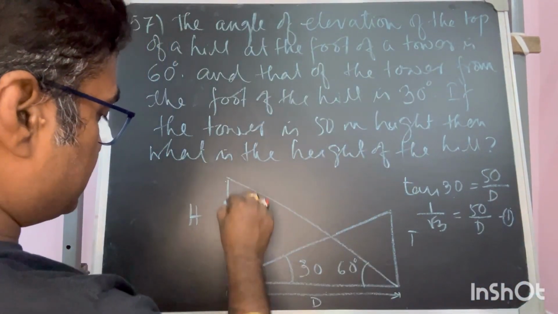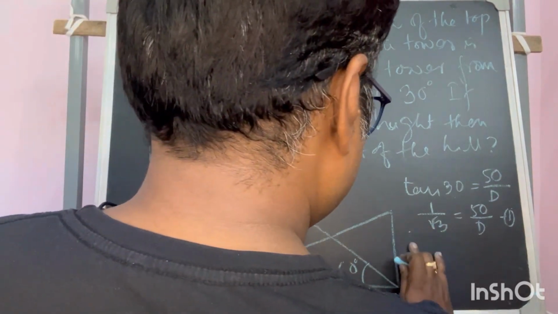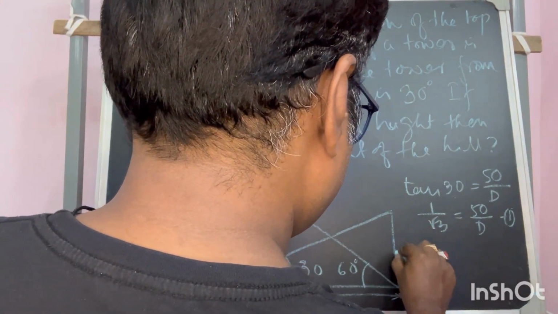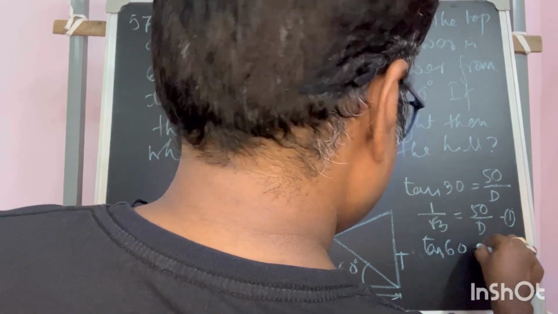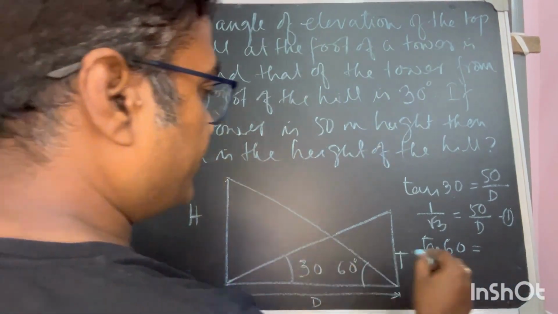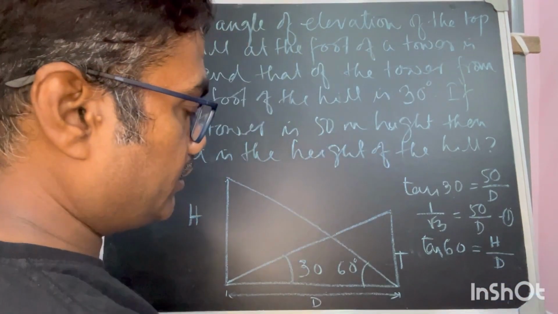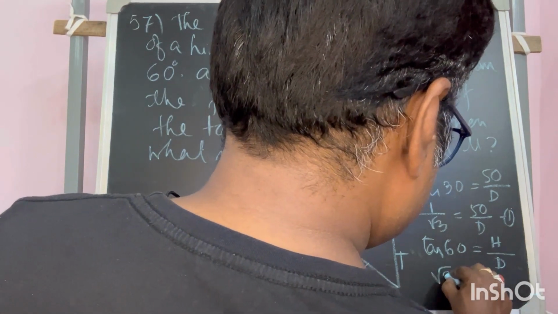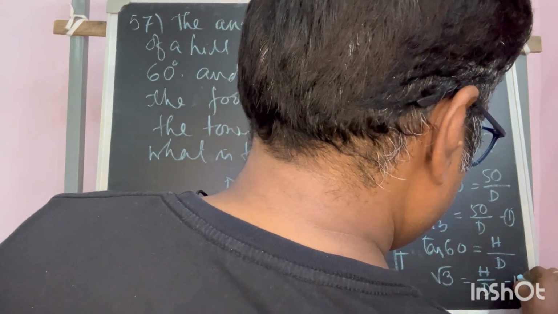And if I consider this triangle, when I will see the hilltop from the tower foot, that is equal to tan 60. Let me take the height of the hill as h and the distance will be the same D. So tan 60 is equal to root 3, h by D. This is your second equation.